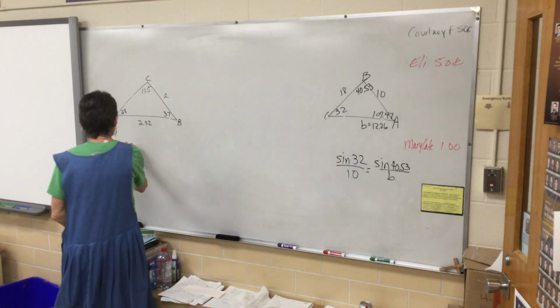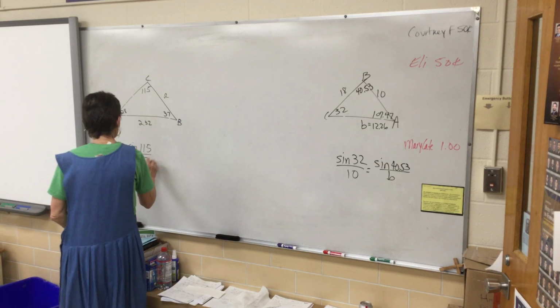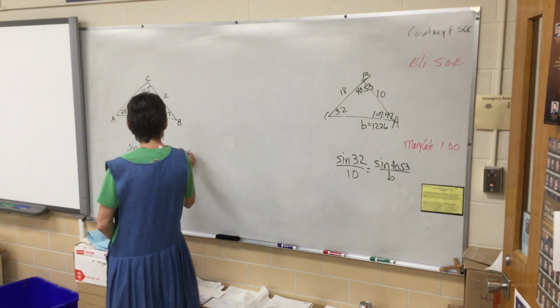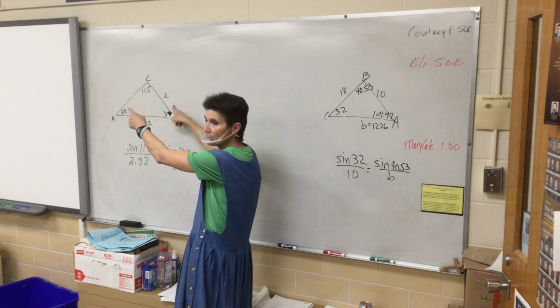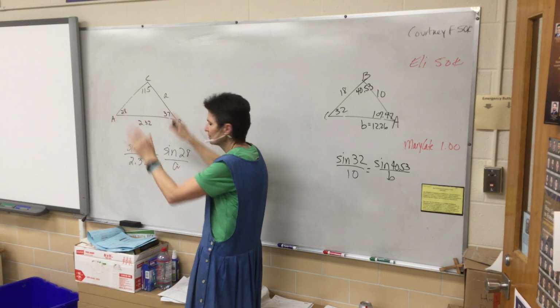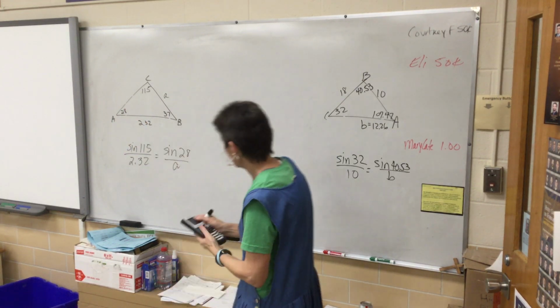All right, so sine 115 over 2.32 equals sine 28 over A. Now, I just randomly picked A. Could I be doing the same thing over there for B? Yeah, it doesn't matter. We have to find one of them. All right, so what's A? Let's see what A is.